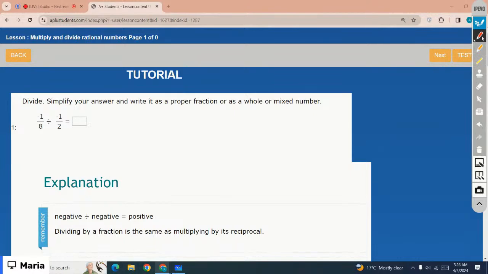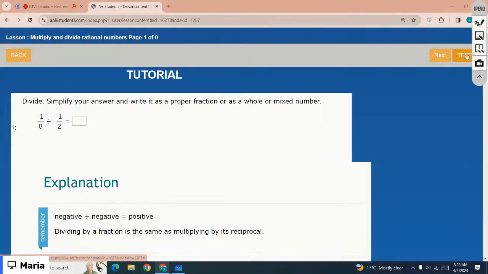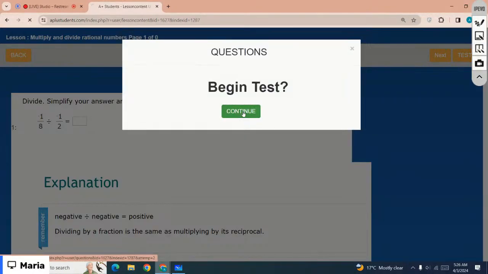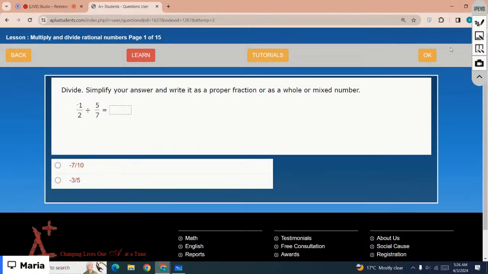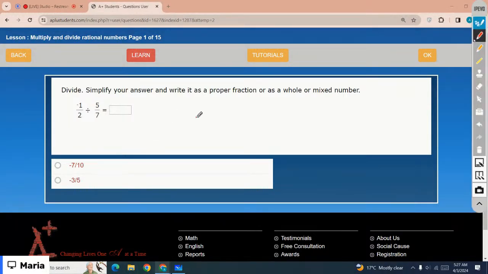Let's just start with the test question. Okay, the first one is negative 1 over 2 divided by 5 over 7, right? Because one of the numbers is negative, the answer is negative, right? So let's replace the division sign with multiplication and multiply with the reciprocal. You have to do negative 1 over 2 multiplied by 7 over 5, right? That is the reciprocal of this term.